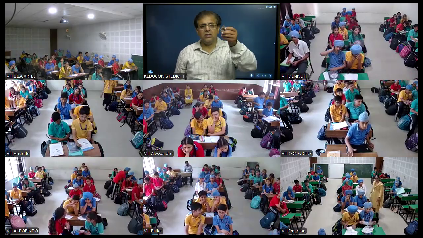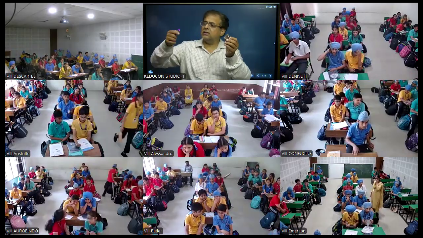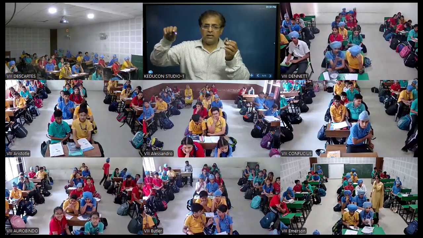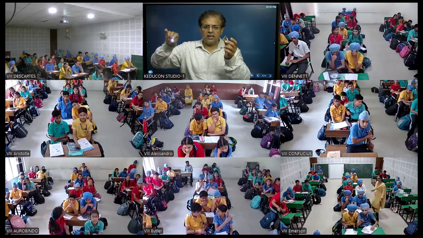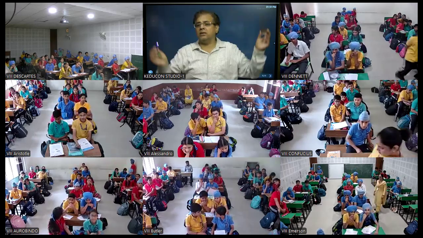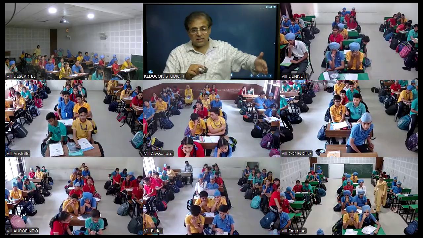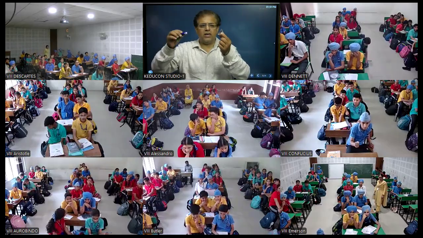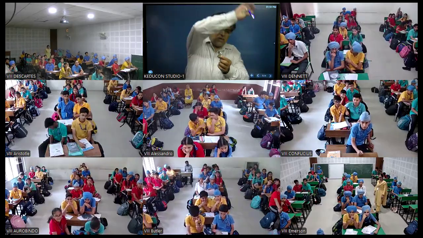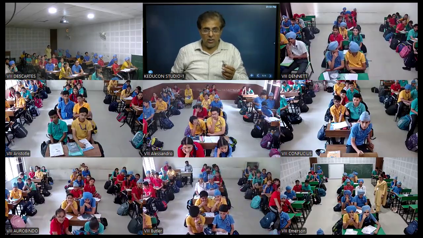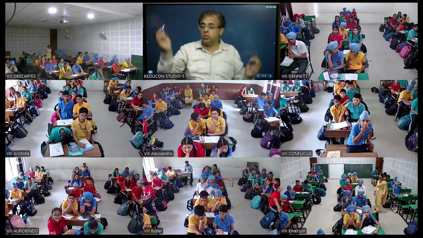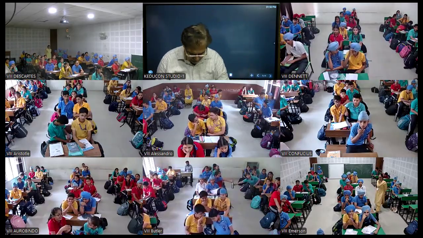Similarly, you see, this is your prism and this is your white light. Presently in my room there is so much light. Had it been a very dark room and I had placed the screen here and the white light here, I would have obtained the spectrum. But presently I can't show you because there is huge light in my room.